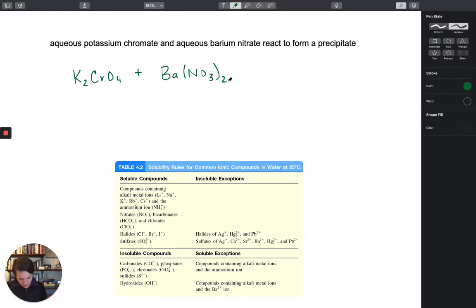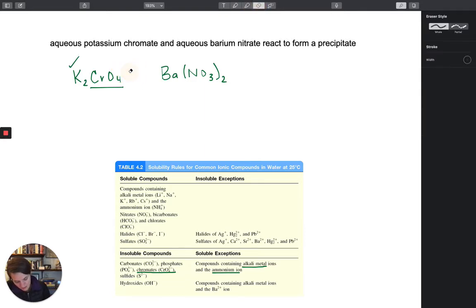So we have this chromate, and chromates we can see down here are typically insoluble. The exception is if they're with alkali metals or the ammonium ion, and potassium is indeed an alkali metal. So I know that this is going to be aqueous. You want to write your state symbol behind your species so that you know that it's going to be broken apart into its ions. Barium nitrate, remember nitrates was one of those that does not have an exception.